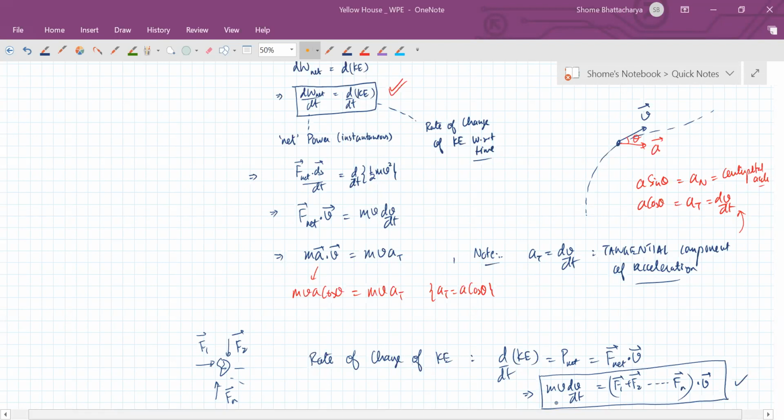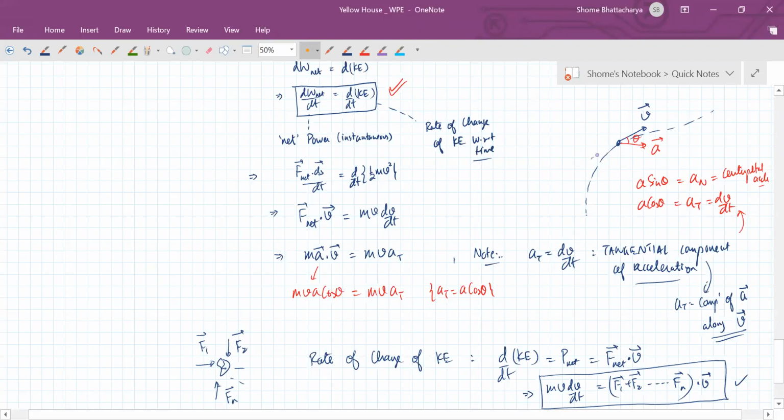Yeah, this is the definition of tangential acceleration. And tangential acceleration is the component of acceleration along the instantaneous velocity, because the instantaneous velocity is always along the tangent to the curve.